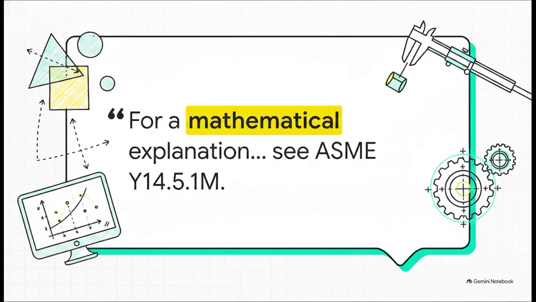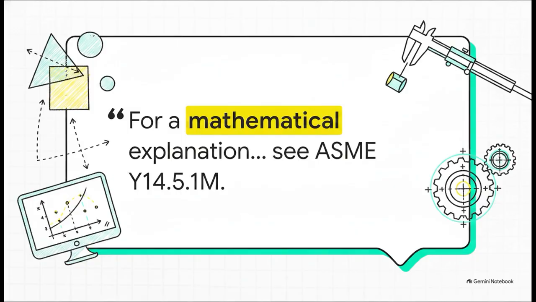It's right there in the scope. Y14.5.1 is essentially the mathematical rulebook. It exists for one reason, to provide precise, totally unambiguous mathematical definitions for the exact same tolerance concepts we describe graphically in Y14.5. And guys, this is the absolute bedrock that CMM software, GD&T-aware CAD tools, and tolerance analysis software actually run on.